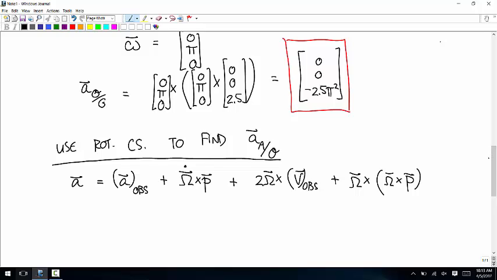Here's a question. How come I talk about acceleration as either being the true acceleration or the observed acceleration, and I talk about the velocity as being the observed or the true, but I just talk about position this way? What's the deal there? Is that the true or the observed position? There's only one, and the reason is rotating coordinate systems only cause problems when you take time derivatives.